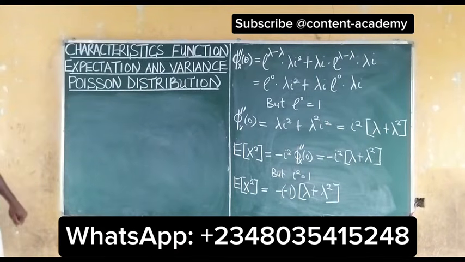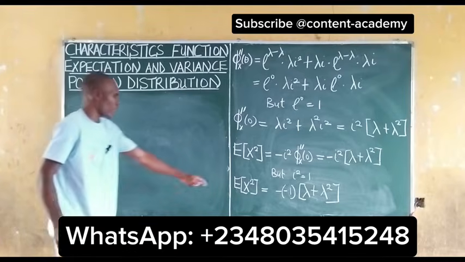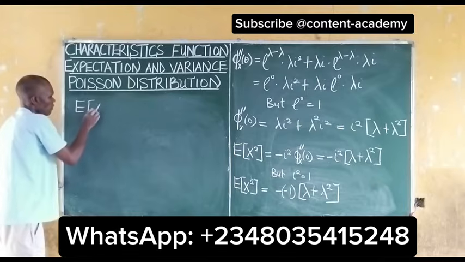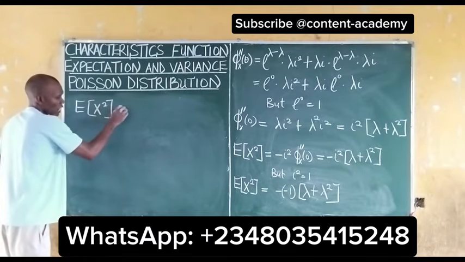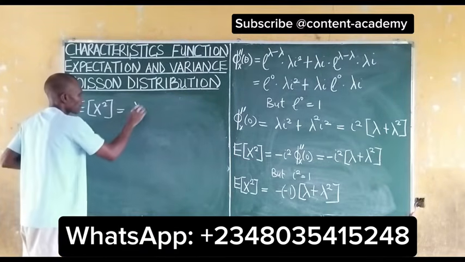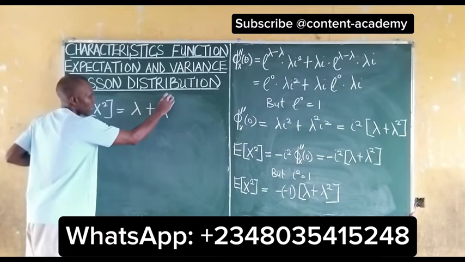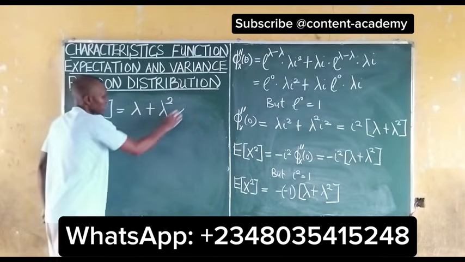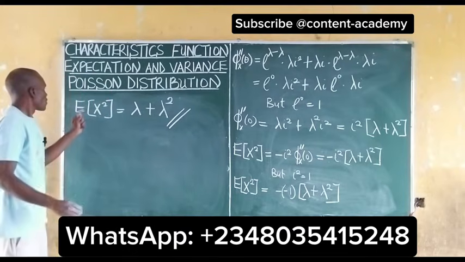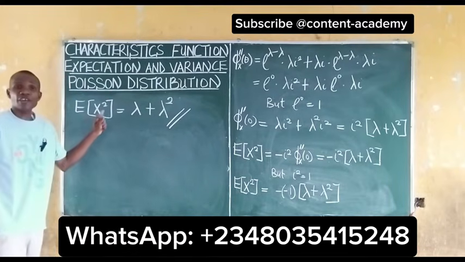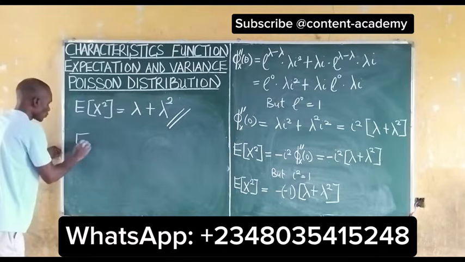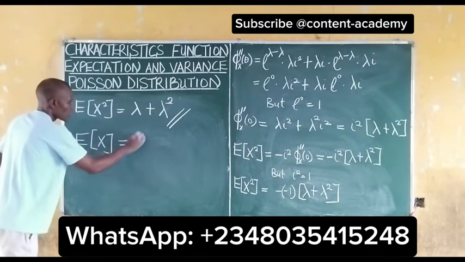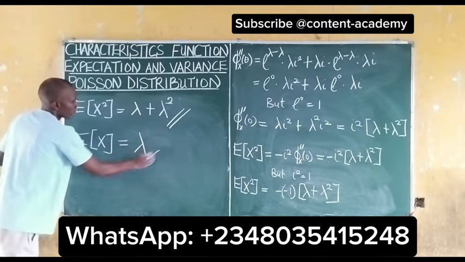So we are to write our expected value of x squared. So we have the expected value of x squared will now be equal to lambda plus lambda squared. So this is our value for the expected value of x squared. We should also note that we have the expected value of x to also be lambda.